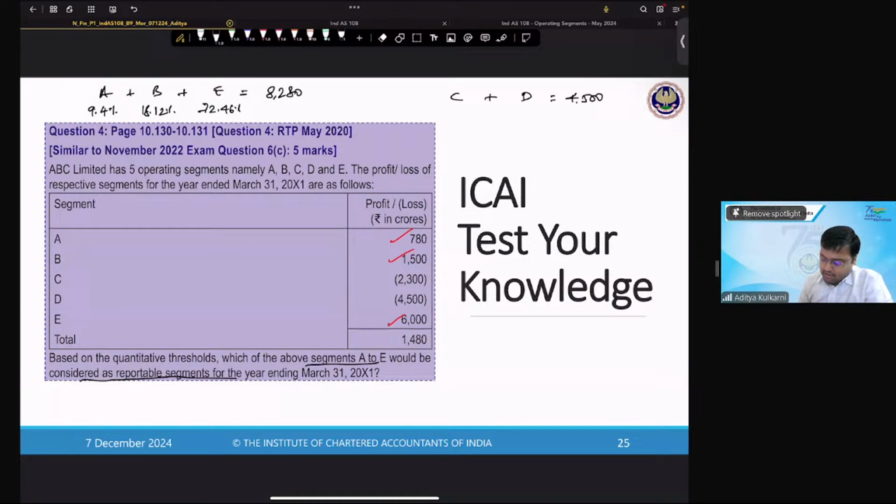C plus D. C is 2300 divided by 4500, 51%. And then D is how much? One minute. Sorry.